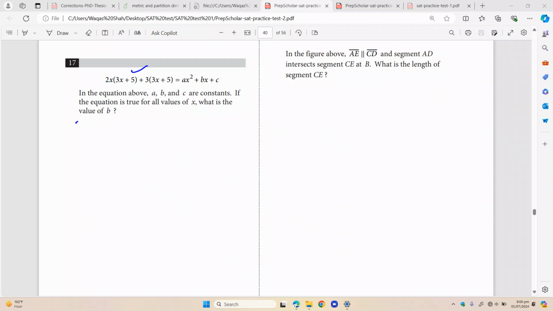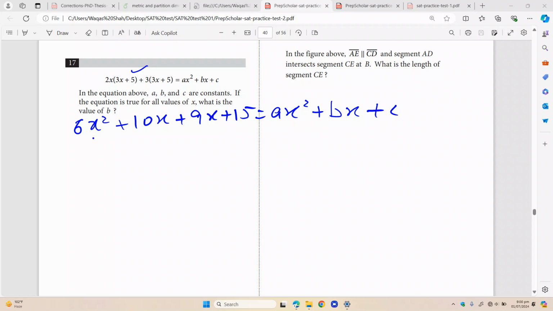So we will get 6x square plus 10x plus 9x plus 15 is equal to ax square plus bx plus c, and that will be equal to 6x square, and 10x plus 9x is 19x, right? And that plus 15 is equal to ax square plus bx plus c.